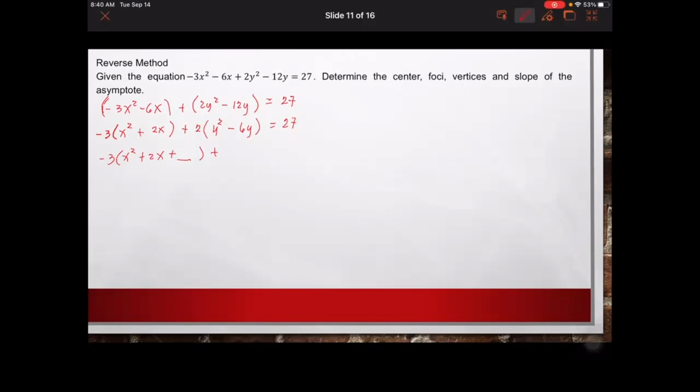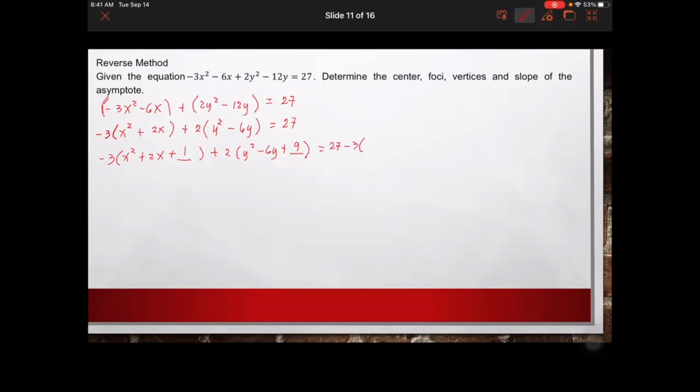Ha? 1 o 4? 1. Bakit siya 1? Kasi kalahati ng 2 tapos squared. So, 2 divided by 2 is 1. Then, 1 times 1 is 1. Still 1. Then, this will be 2. Then, y squared minus 6y plus ano i-add natin? Nine po. 9. So, kalahati ng 6 ay 3. Then, 3 squared is 9.